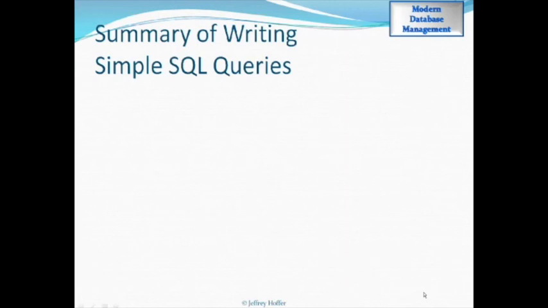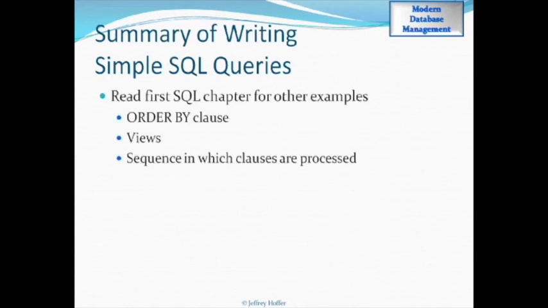There are many more single table queries we could illustrate, but hopefully these examples have shown you some strategies for constructing simple SQL queries. Please read again the first chapter on SQL to see other examples and to learn about other features of SQL we didn't illustrate, such as the order by clause for sorting the rows in the result table.